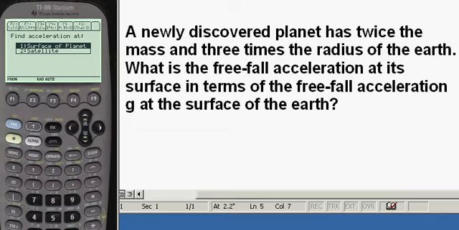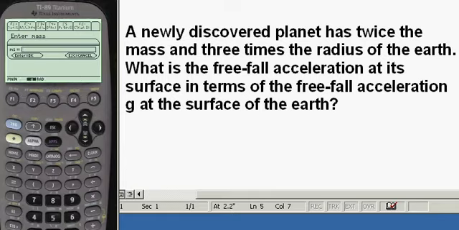Okay, choose that. Is the mass given in the problem? Yes. I'm going to enter the mass. I have to press alpha first. Alpha. And what is the mass? It's twice the mass of Earth.